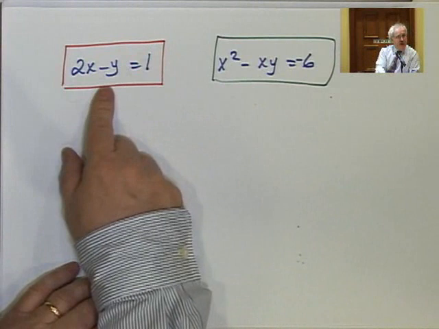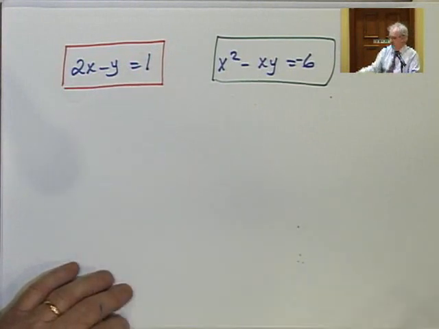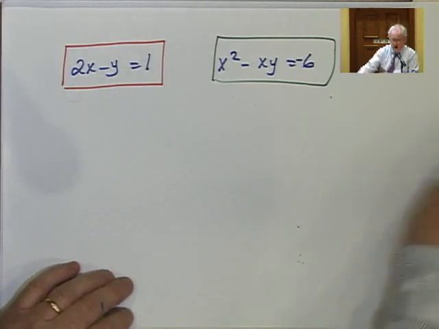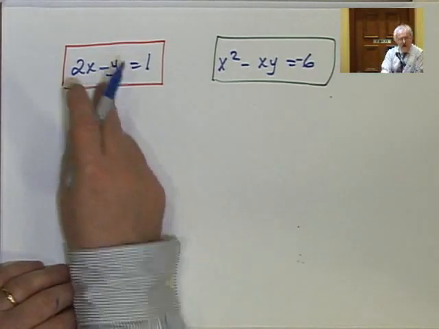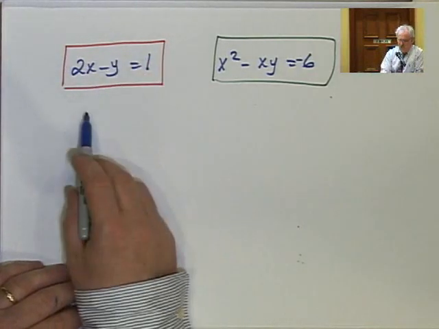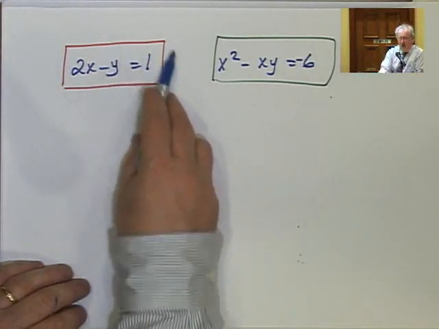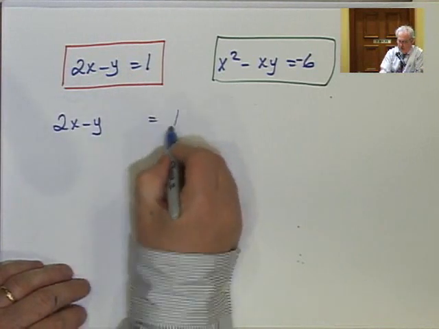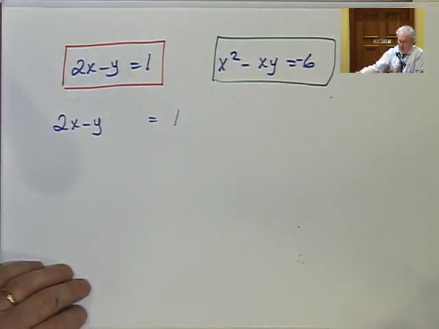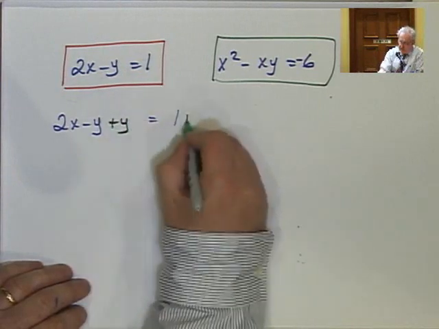I can either use the x or the y. It doesn't matter, but I'm going to put them on one side or the other. I'm going to take the y over to the other side. So I'm going to say 2x minus y equals 1 by adding a plus y here and a plus y here.